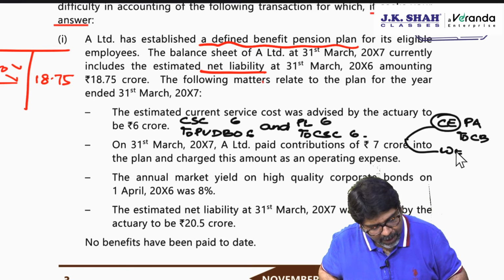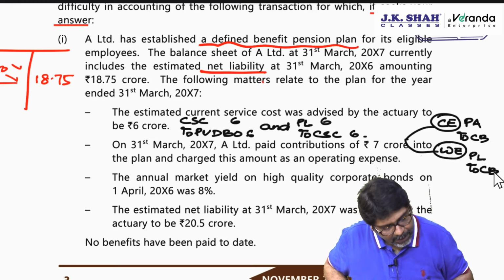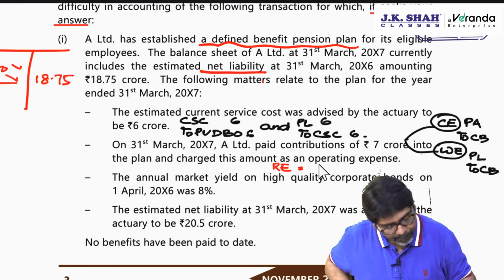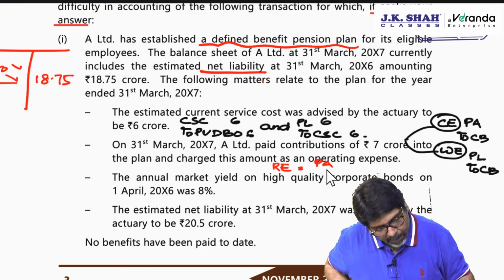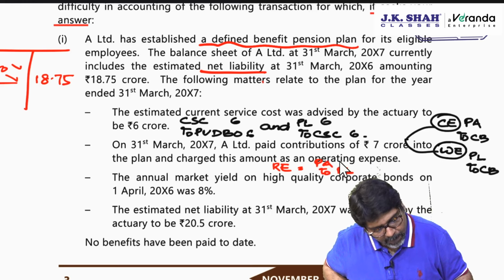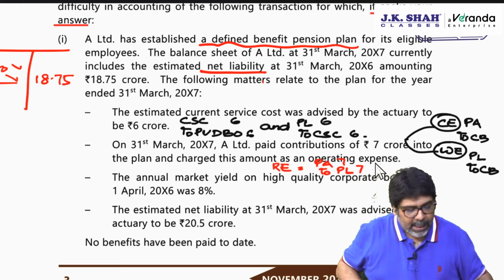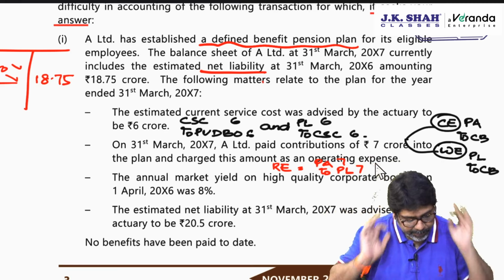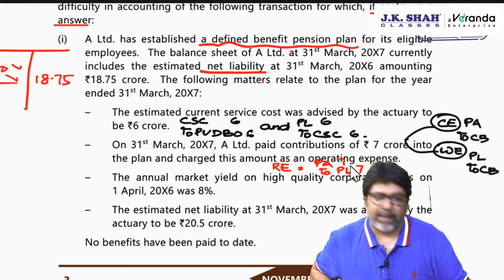Wrong entry is PL to cash bank. Therefore, the rectifying entry is plan assets to PL 7. If plan assets are increasing, your net liability will reduce and your PL will go up by 7.